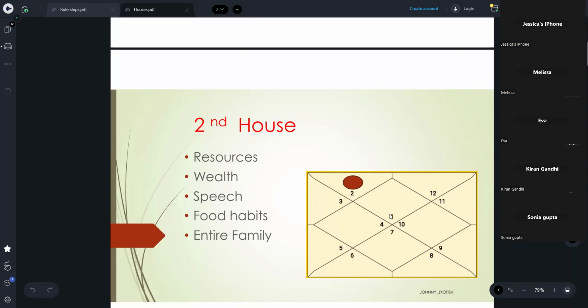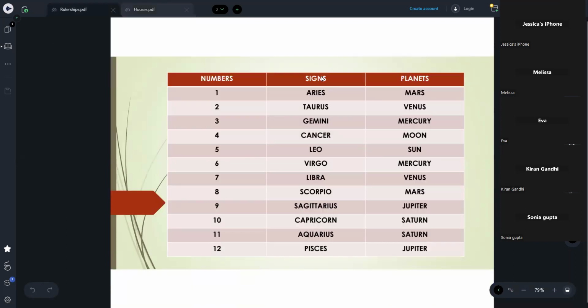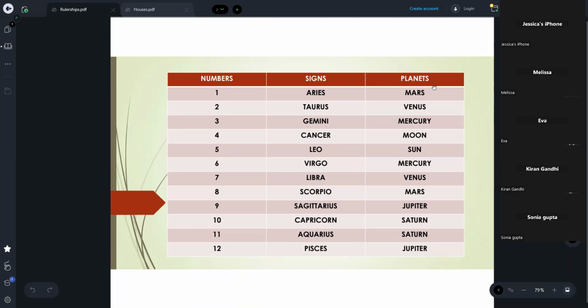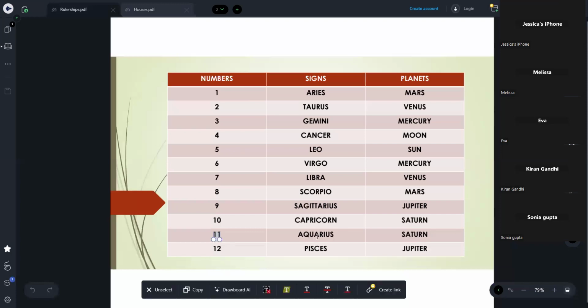The number in those houses simply tells you what sign it is, because it would be too much to write Aries and Taurus and so on in that house. You don't have any room to write all that stuff in the house, so they just use the numbers. See what I'm trying to say? So you have number 11 in your first house, which tells me you're an Aquarius rising. The first house is the rising house.